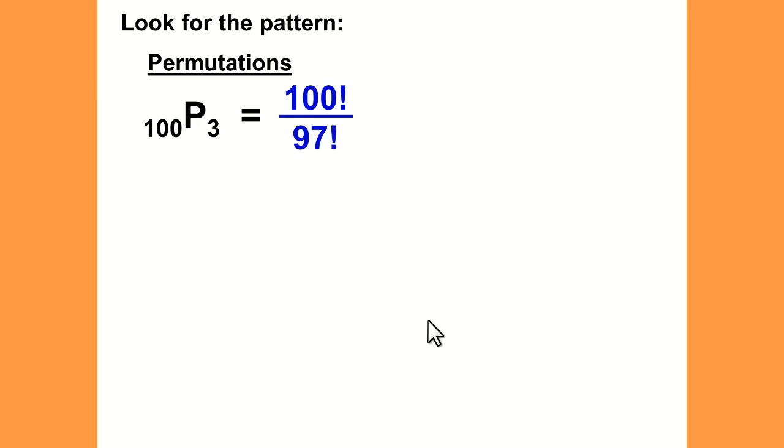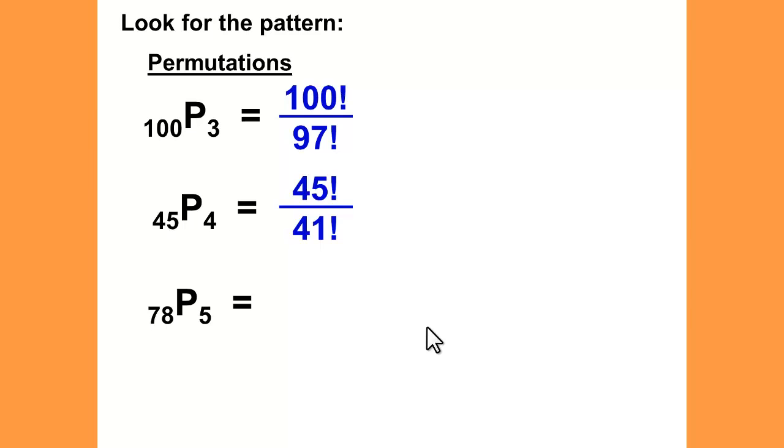So we will look for our pattern and then develop the formula. Permutations. We're going to do 100P3, a permutation of 3 from 100, and that would be 100 factorial over 97 factorial. 45P4 is 45 factorial over 41 factorial. 78P5 would be 78 factorial over 73 factorial.